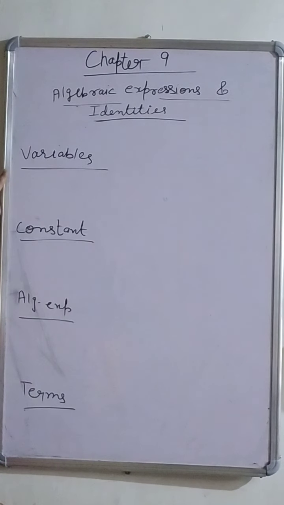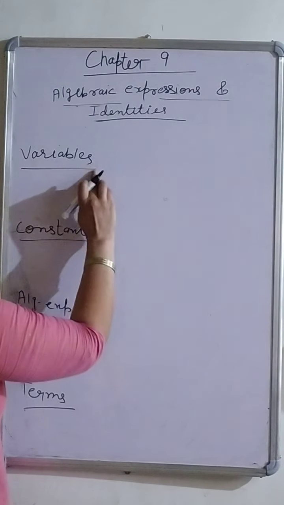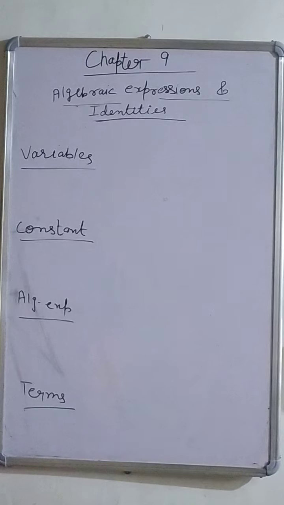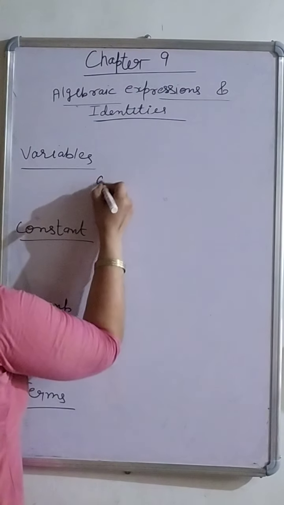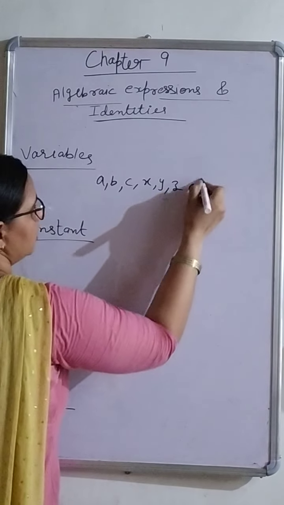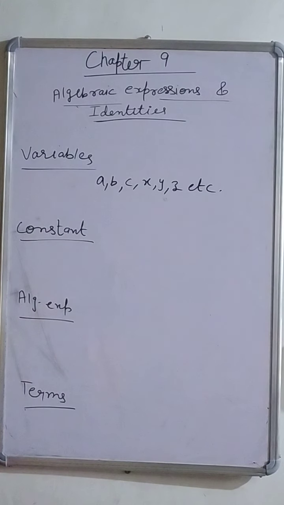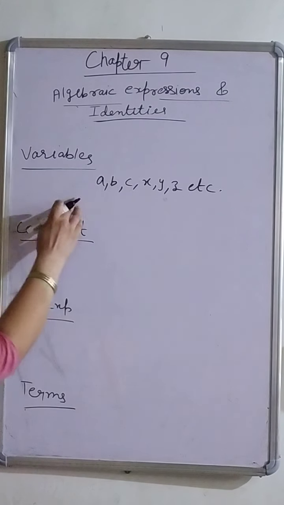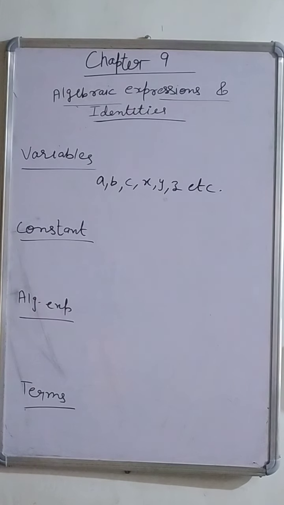Variables are denoted by alphabets a, b, c, x, y, z, etc., and we always use small letters for variables. So these a, b, c, x, y, z, u, v, s, t, these all are variables.